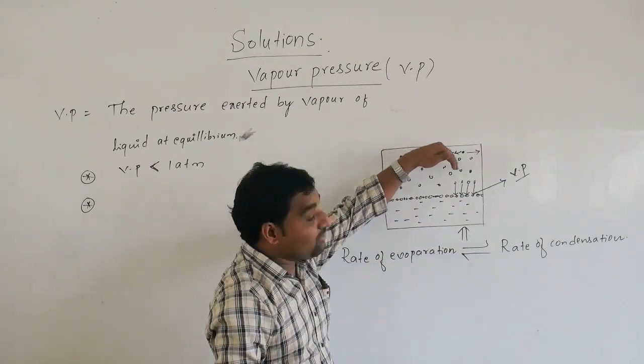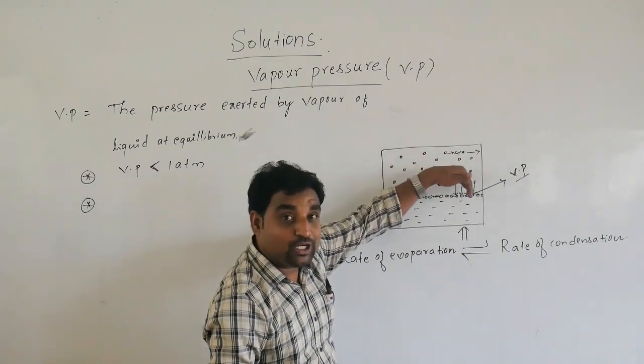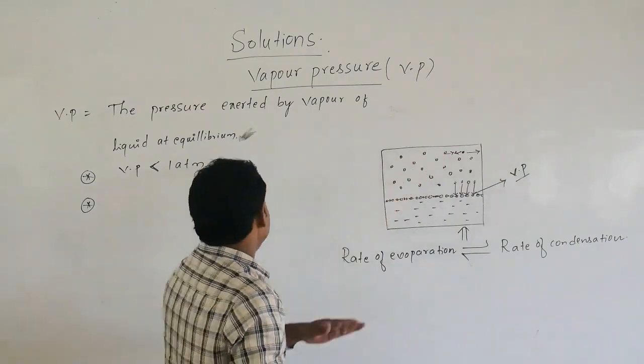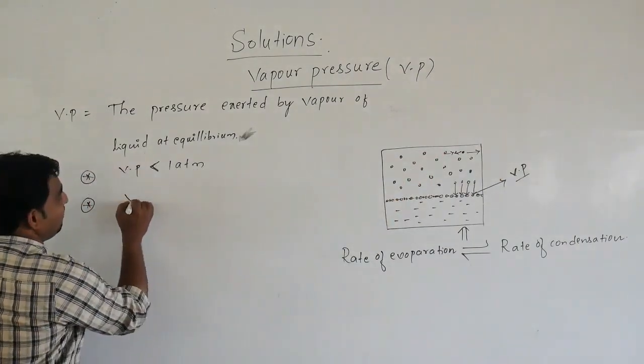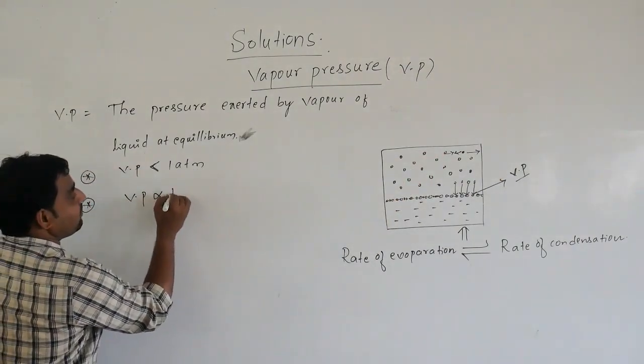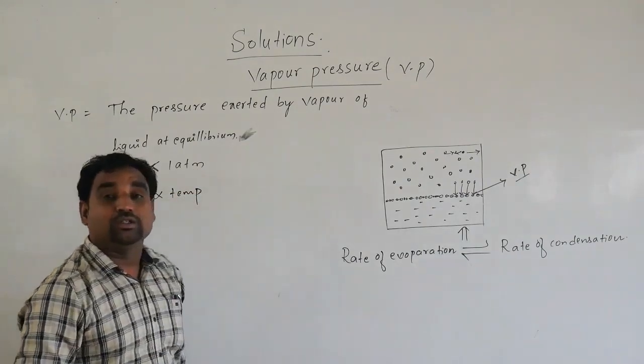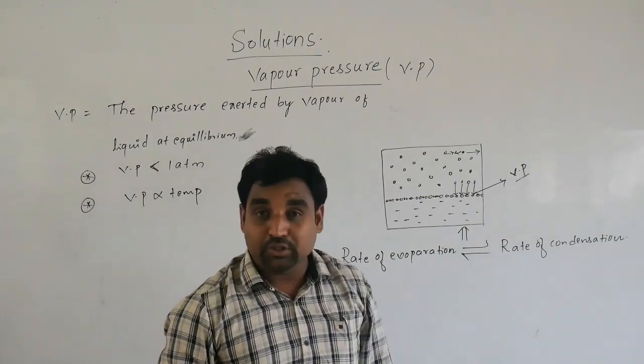Those vapor molecules exert a pressure on the surface of the liquid, hence there is more vapor pressure. It means vapor pressure is directly proportional to temperature. As the temperature increases, the vapor pressure over the liquid also increases.